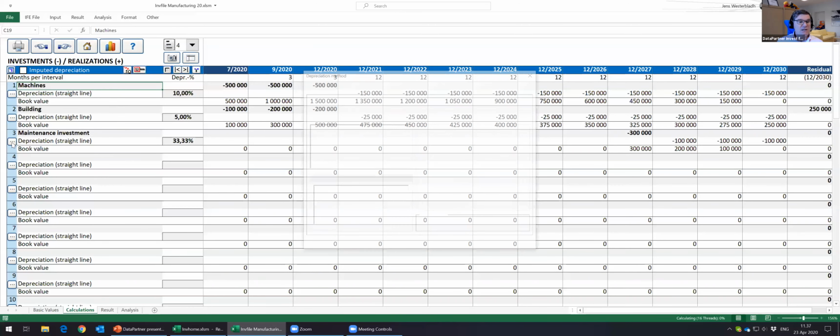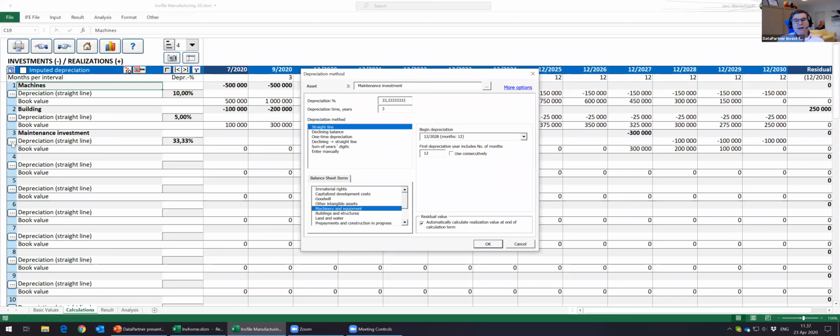I press the depreciation button. And here in the depreciation button, not all functions are visible by default, but when I press here, top right, I get more options visible. I press the more options, and I have down here to the left a tab called investment category showing up.